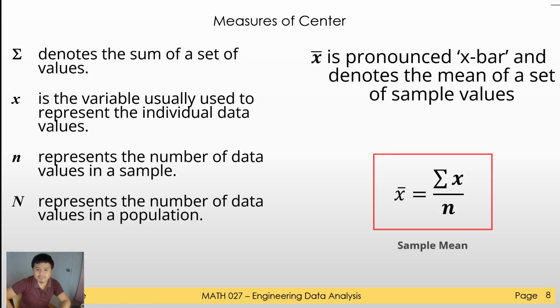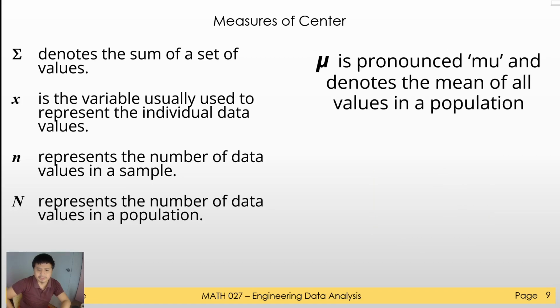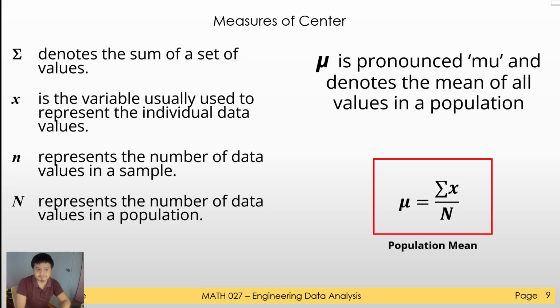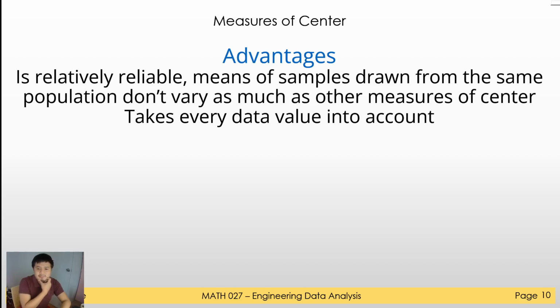We have a different way to calculate the population mean. For the population mean, it is generally the same formula, but we describe this mean as mu, and the capital N represents the number of data in a population. So what are the advantages of utilizing the mean?